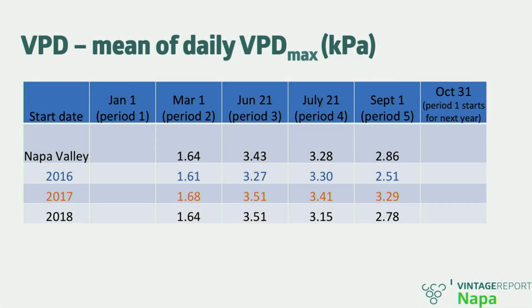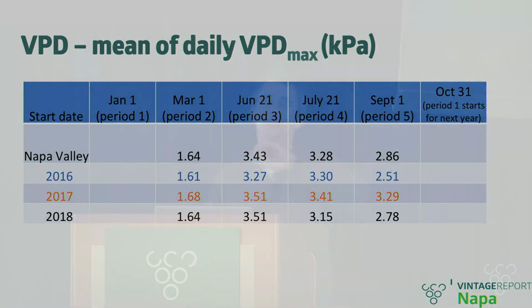So what's the situation? Compared to the mean, the situation, as Greg was saying, was relatively moderate. You see that the values during period 4 were lower compared to last year. Instead of having, on average, a maximum vapor pressure deficit, reached between 3 p.m. and 5 p.m., of 3.4 kilopascal, it dropped to 3.1.